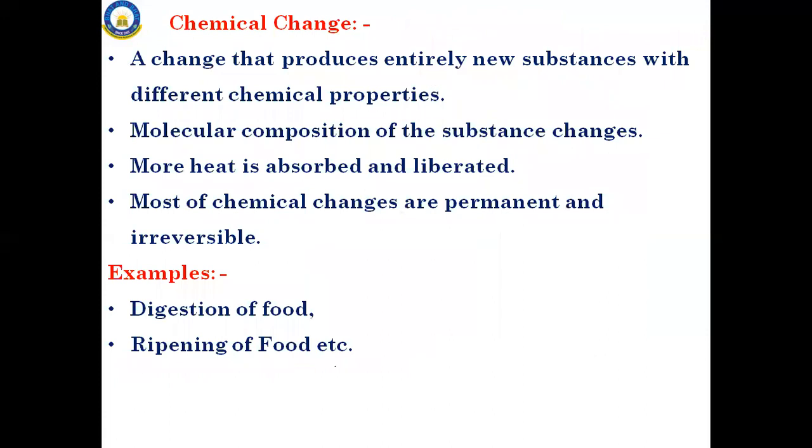After this, the next one we have is the chemical change. After studying physical change, we have to study chemical change. As I have clearly mentioned, any substance has two kinds of properties: physical properties and chemical properties. If only the physical property is altered, we call it a physical change.